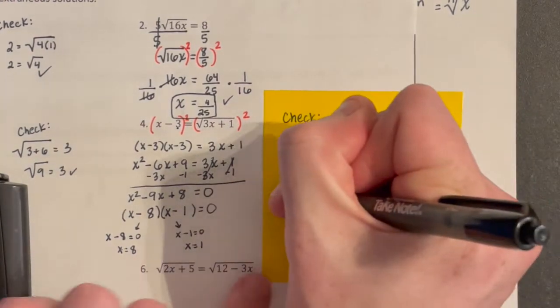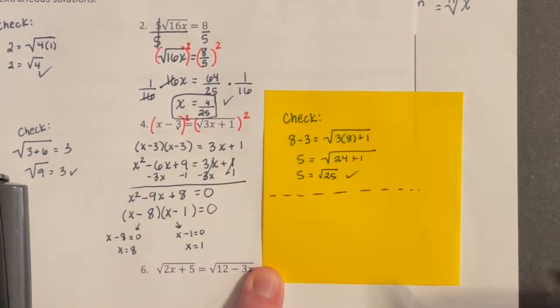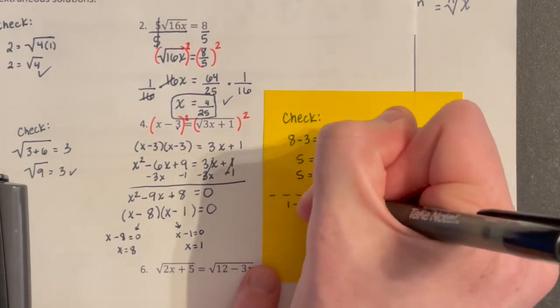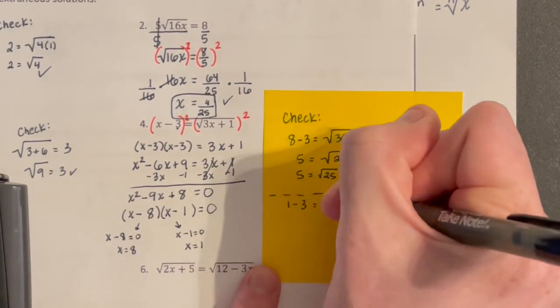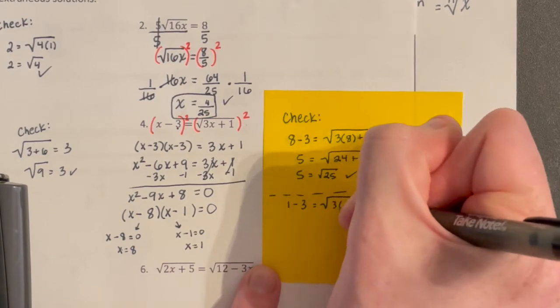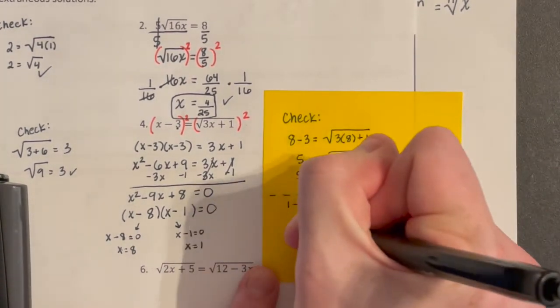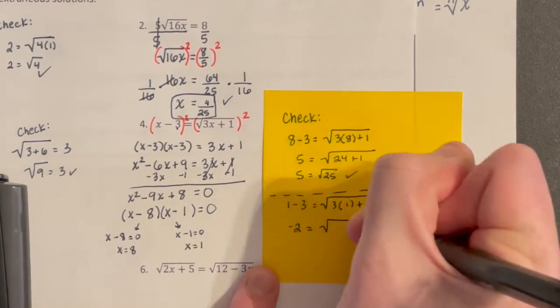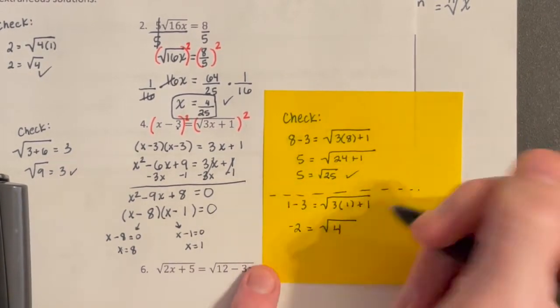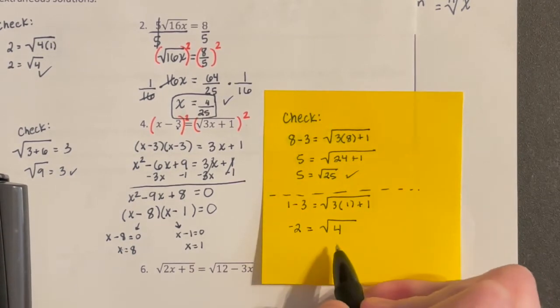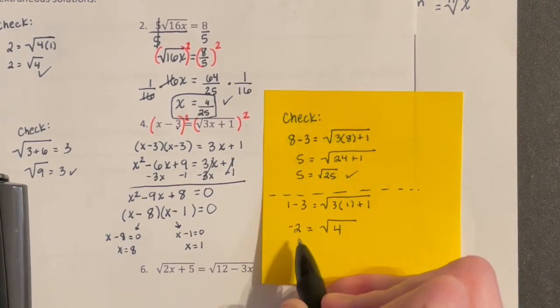But we have to check our other solution. So let's try when x is 1. That would be 1 minus 3 is equal to the square root of 3 times 1 plus 1. Now 1 minus 3 is negative 2. And this is going to say the square root of 4. 3 times 1 is 3. 3 plus 1 is 4. But the square root of 4 is not negative 2.